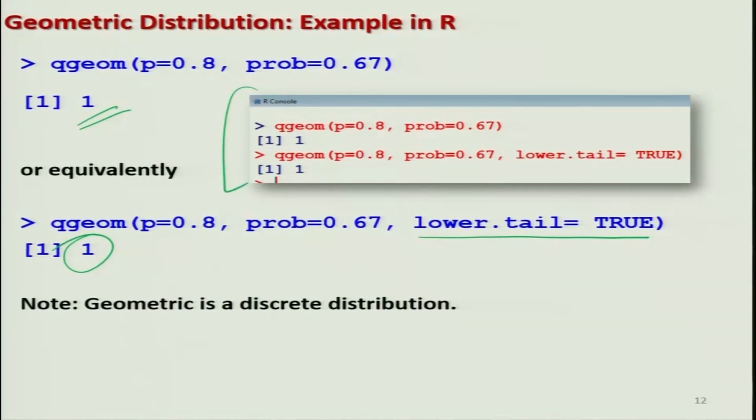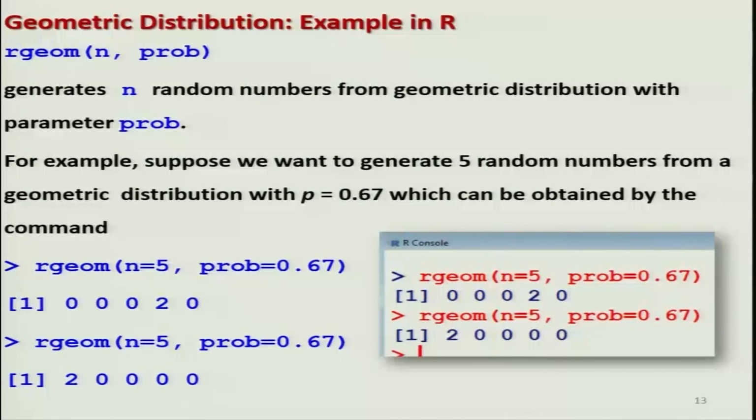And then you can see that you are getting the value 1 because geometric is a discrete distribution. Similarly, if you want to generate some random numbers from the geometric distribution, that is very straightforward. If you want to generate a small number of observations from the geometric probability mass function, the command is rgeom, and you have to write inside the parenthesis the number of observations n and the prob, which is the probability.